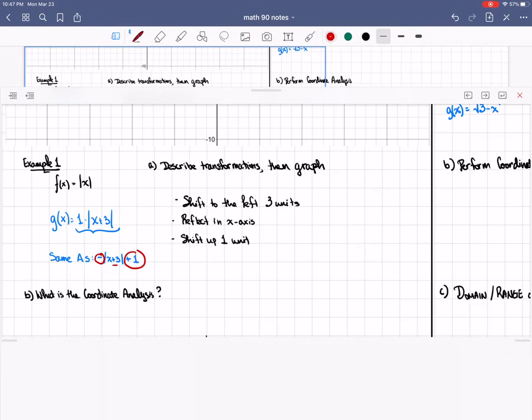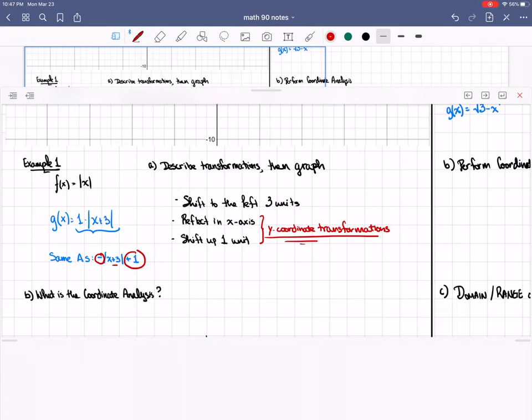Before we go to graph, I want to point something out. Both of these, the reflection in the x-axis and the shift up 1 unit, are y-coordinate transformations or output transformations. When we have more than one transformation that impacts the same coordinate, which we haven't seen yet, we generally, as a convention, do the reflection first.